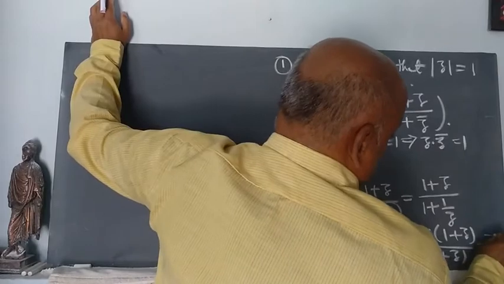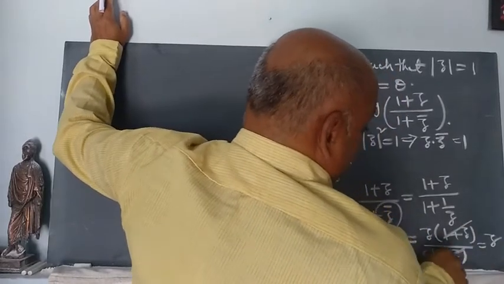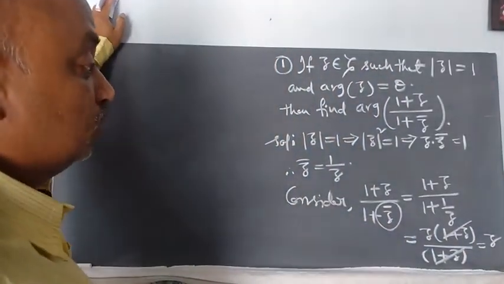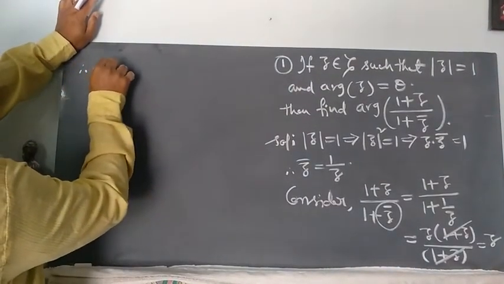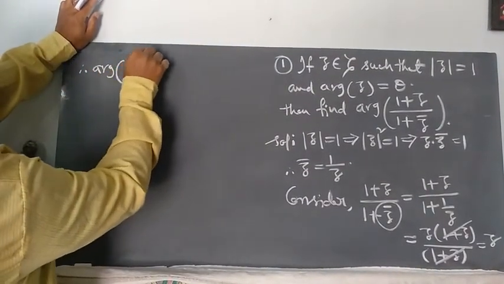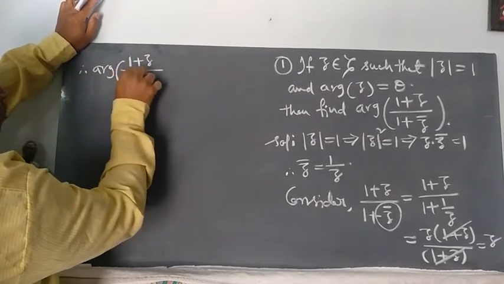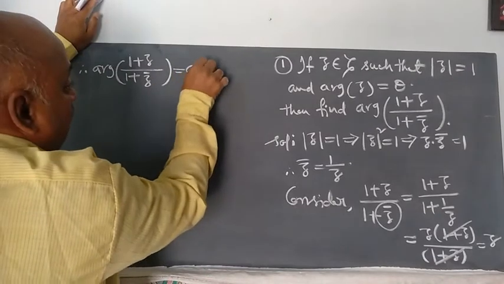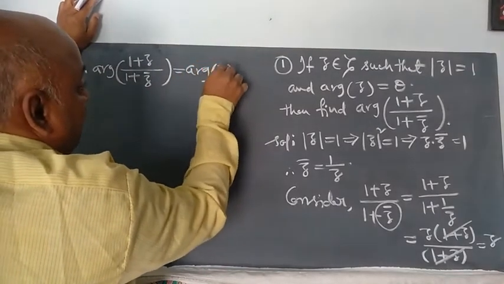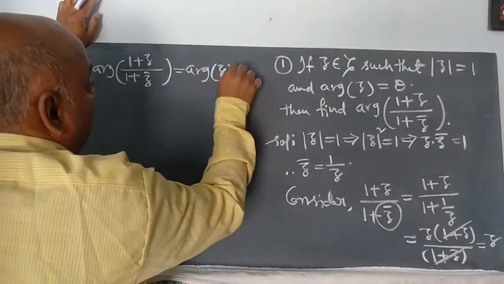The 1 plus z get cancelled, which is equal to z. Therefore, argument of (1 plus z) by (1 plus z bar) is equal to argument of z, which is equal to theta.